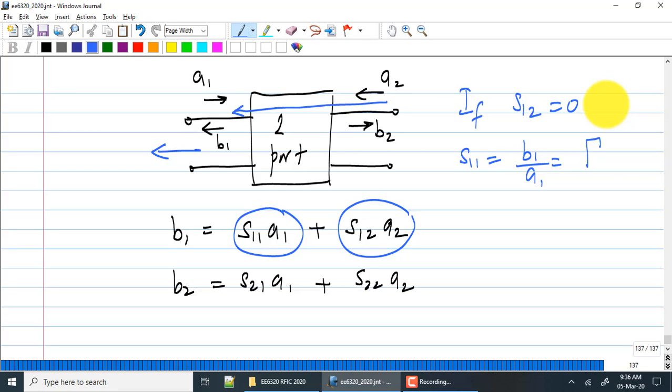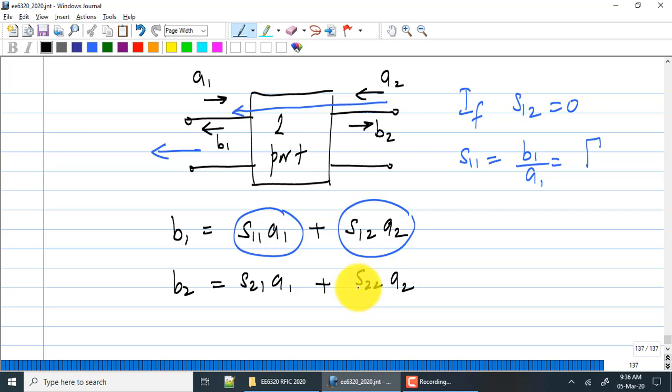Now, S11 and S22 give you an idea of whether the input and output of the two port are well matched to 50 ohms, to Z0.